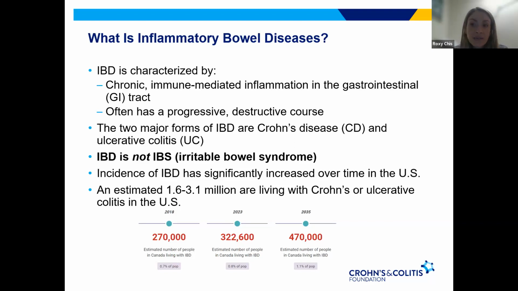In Canada, we have a smaller population, but currently over 300,000 people living with IBD, and it is projected that by the year 2035, it'll be almost 500,000 people with the condition. So clearly it has a significant impact on our medical population.